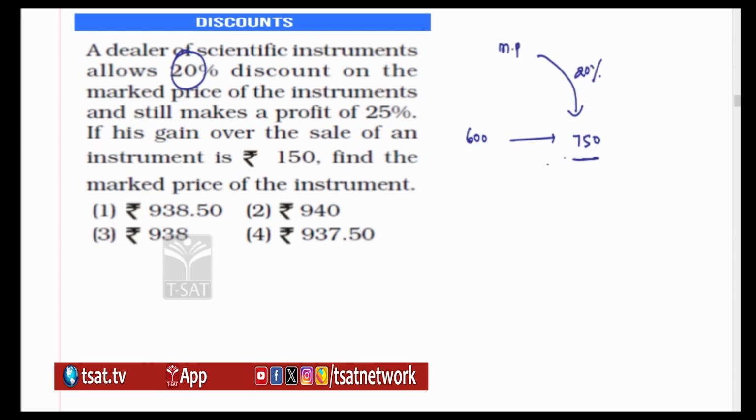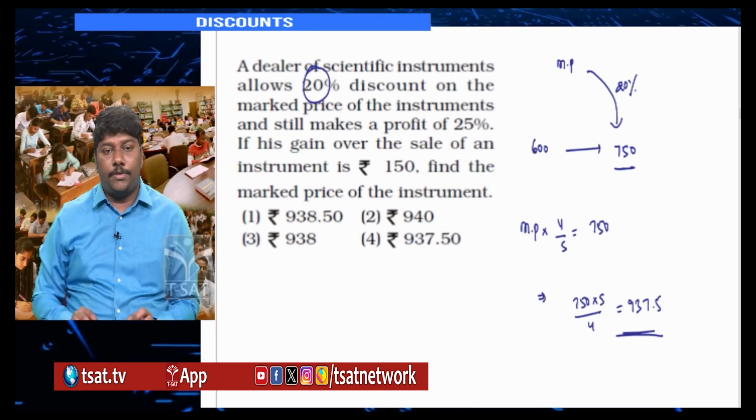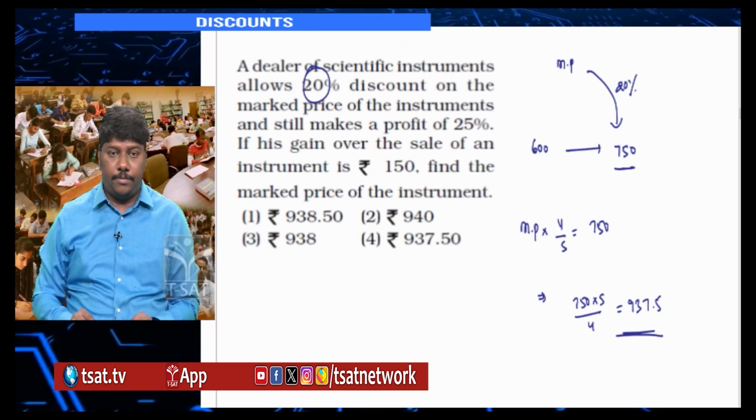So what is MP? 20% discount means 4 by 5th of MP is equal to 750. So MP is equal to 750 into 5 by 4. You are going to get 937.5. This will be much easier. So directly take the values. 4 by 5th of MP is equal to 750. MP is equal to 937.50.